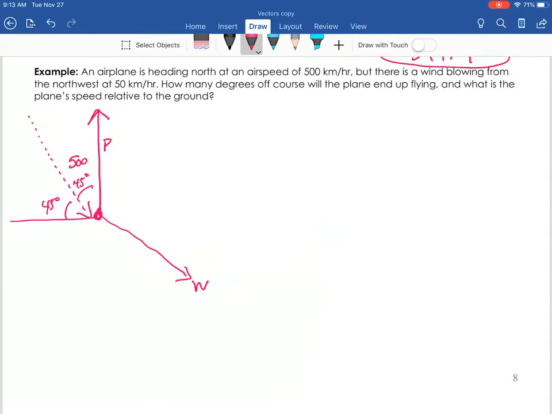And it says the wind is flying at 50 kilometers per hour. So my magnitude for the wind vector is 50. So the magnitude of P, the vector for the plane, is 500. And the magnitude for the wind is 50, and that's in kilometers per hour.